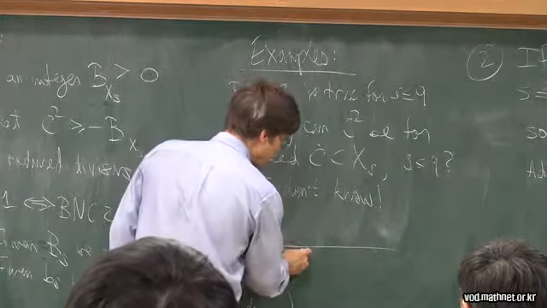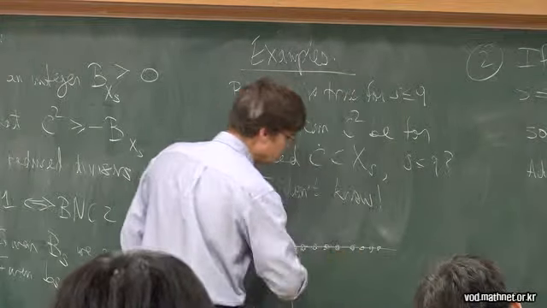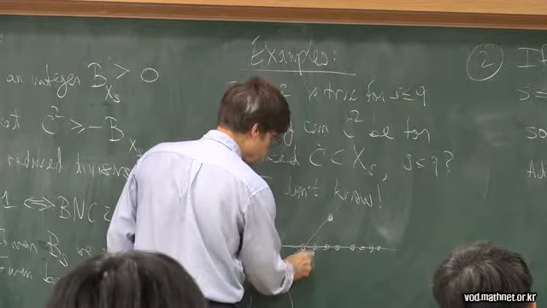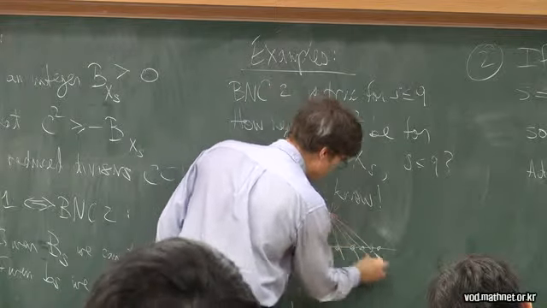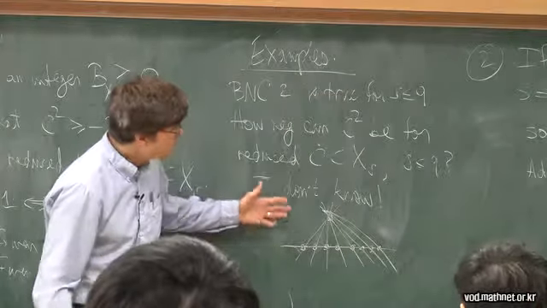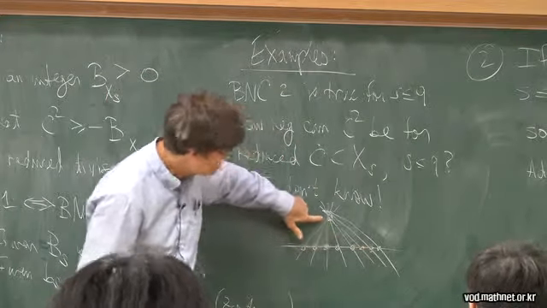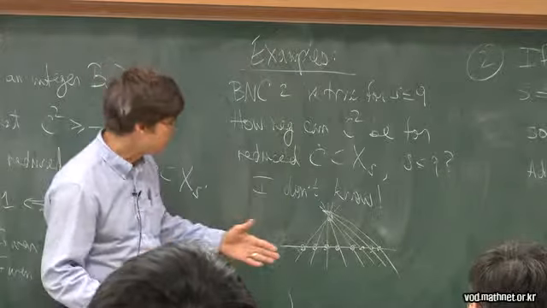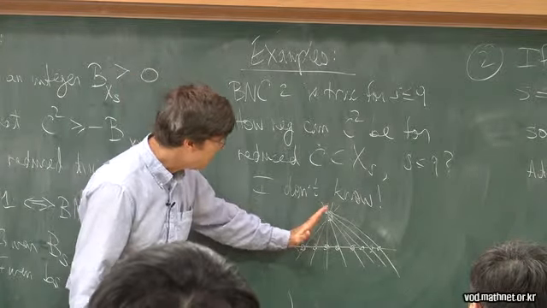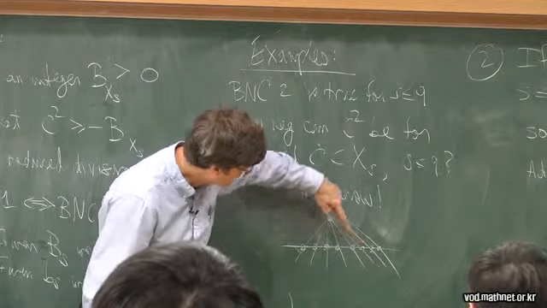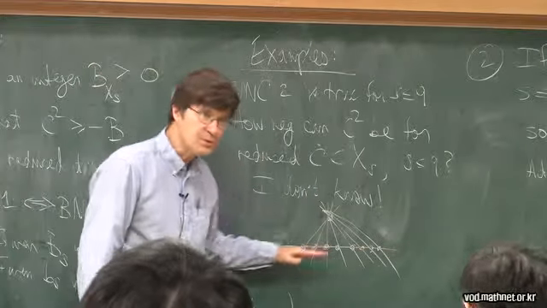So let's take 8 points on a line and 1 point off. And the curve that I want is the proper transform. We're going to blow up these 8 points and this point. And let's take the proper transform of this curve, which has degree 9. It's got 8 lines, the lines through the points on this horizontal line and through this point, together with the line through these points.